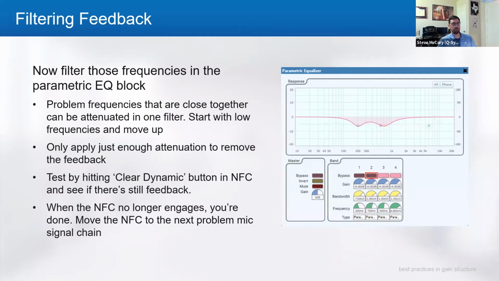We talk to people about taking out the NFC, the notch feedback controller, after you're done with it, just because of the way it's processed in DSP. If you've got 20 microphones in there, you don't want to have 20 notch feedback controllers just chewing up DSP space.